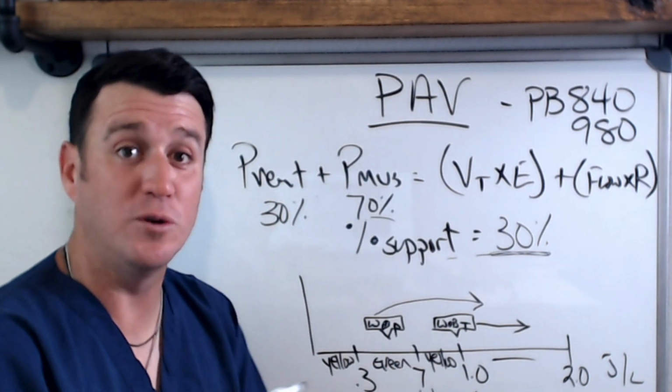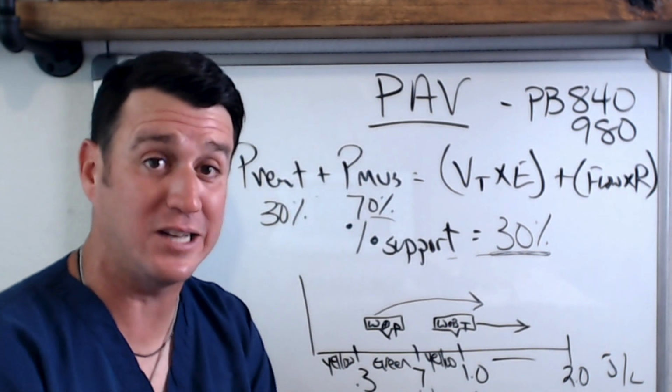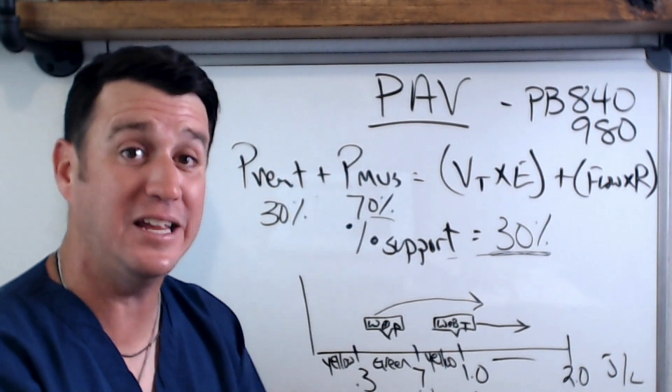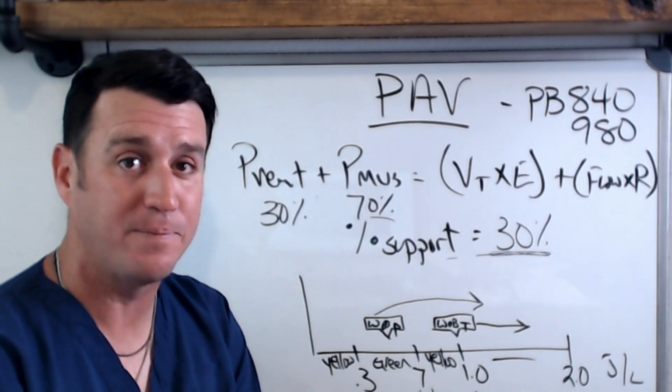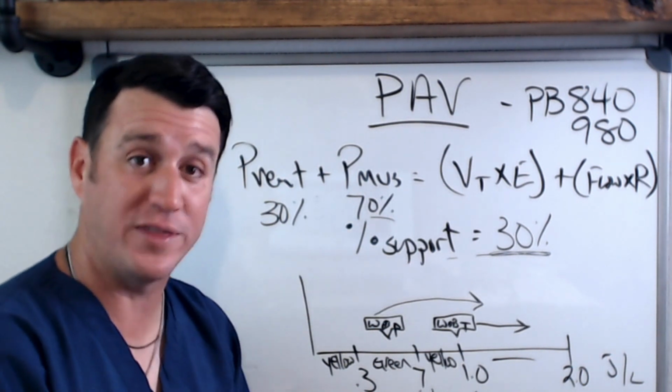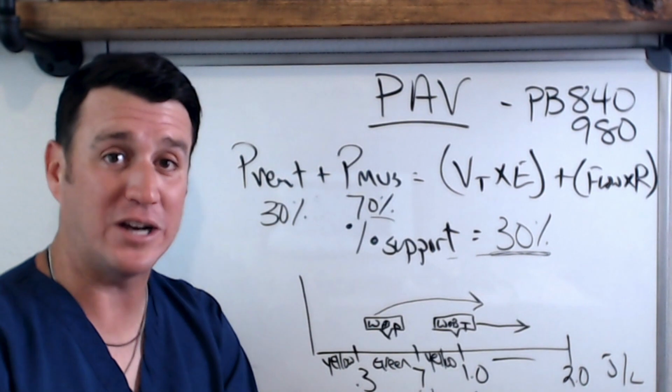Okay? This would be a sign of a patient who is not tolerating PAV, a patient who has an increased work of breathing, and 30% work from the ventilator might not be enough for this patient. Okay? Now watch this.